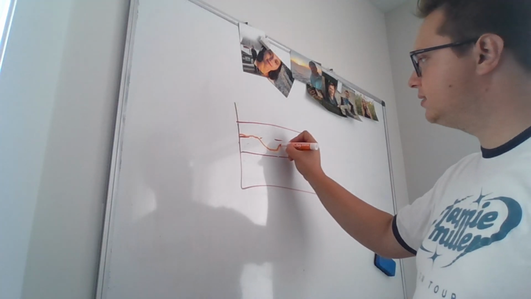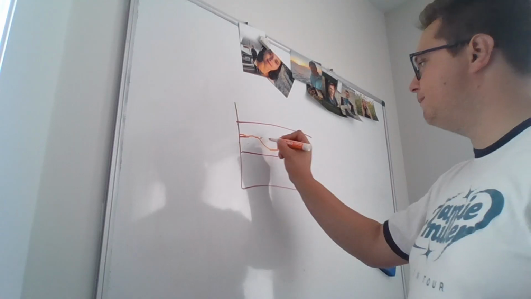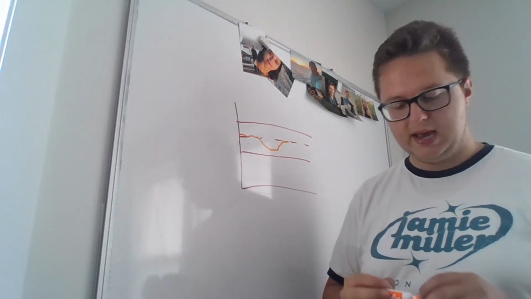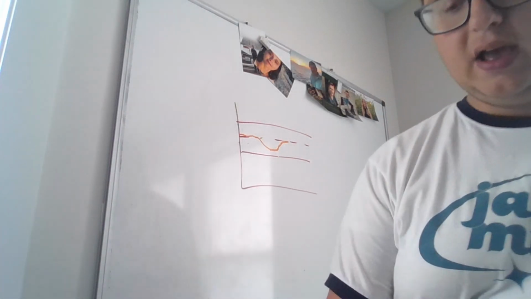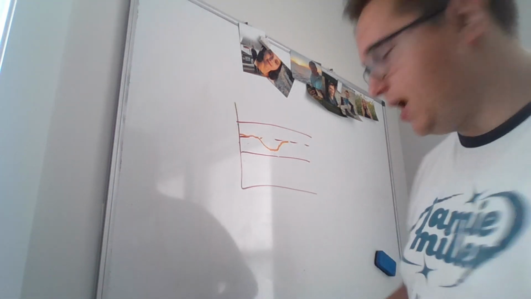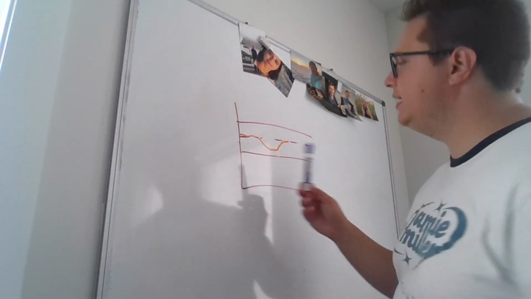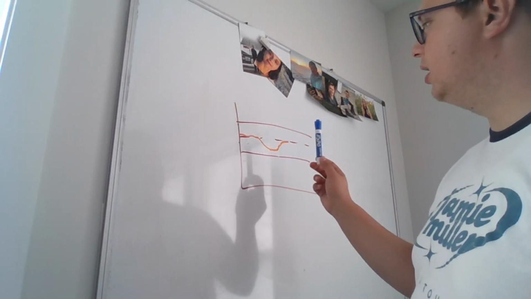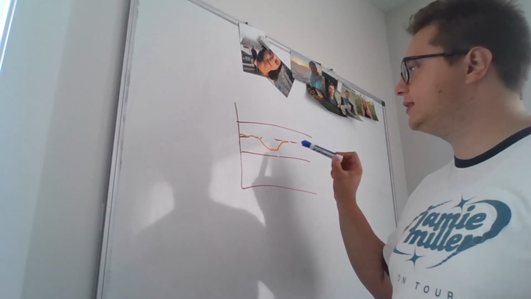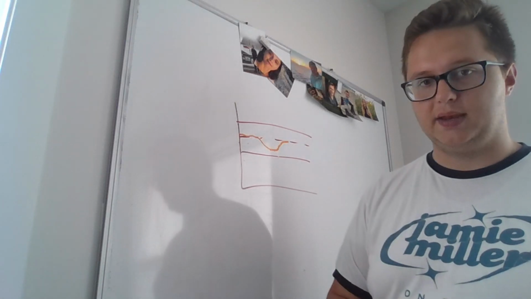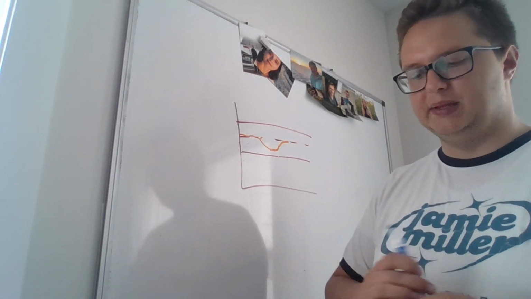We'll say sweat glands happens, and it gives us back to our set point. That's what we call a negative feedback loop. And for negative feedback loops, it is anytime we send something back to its set point, or send that stimulus back to the set point.